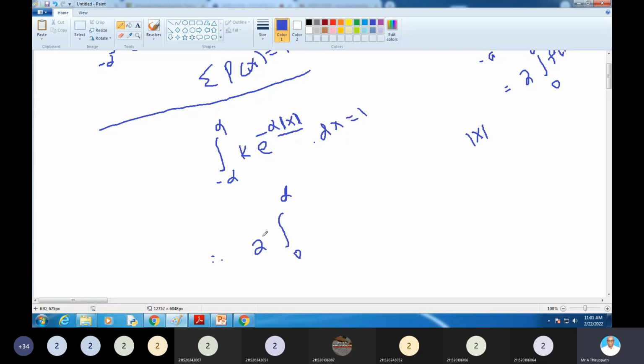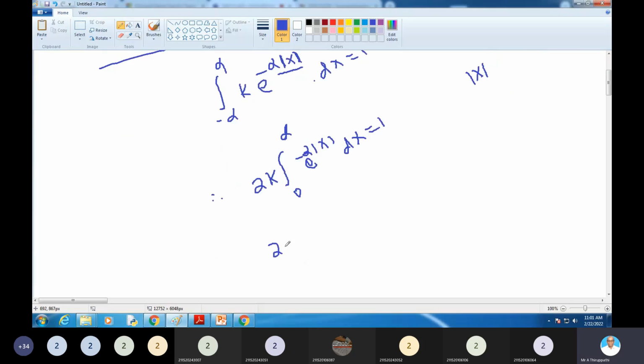K is also a constant, take it outside. So after applying the properties, 2k times the integral from 0 to infinity of e to the power minus alpha x, no need for the modulus, just x, dx is equal to 1.